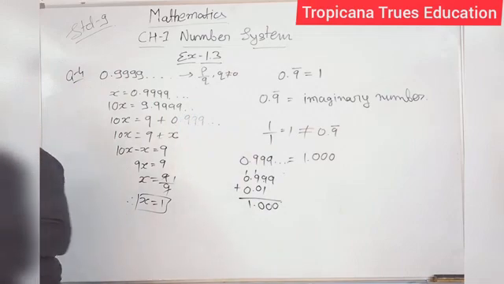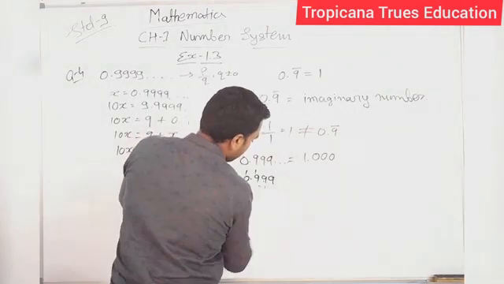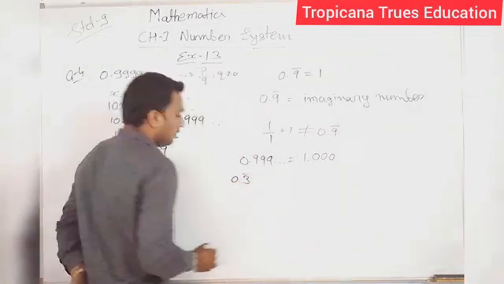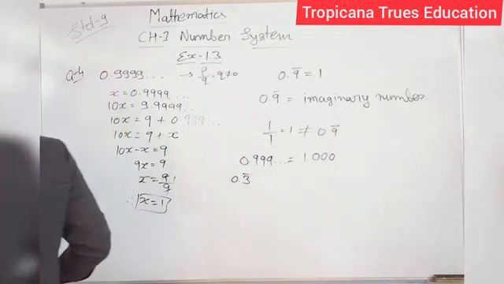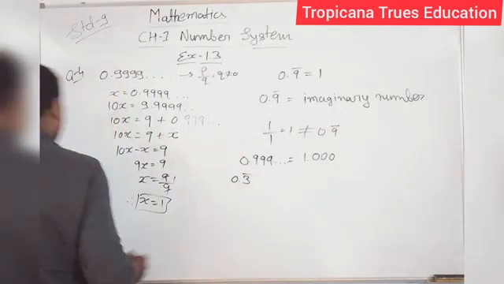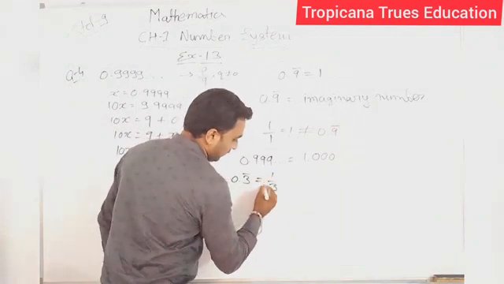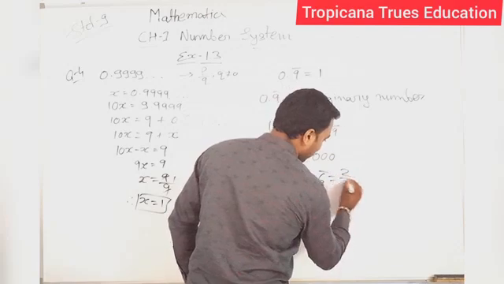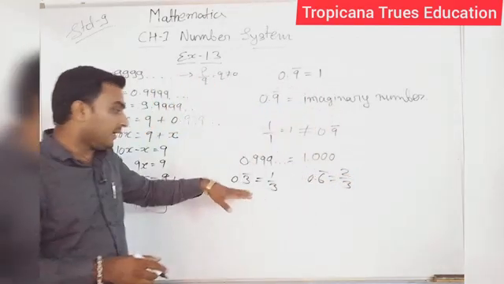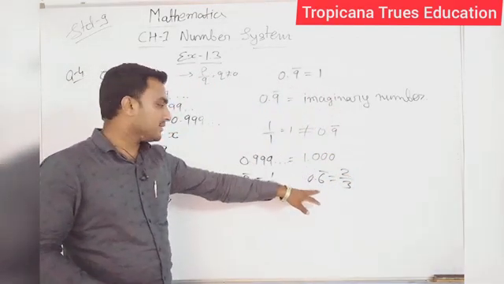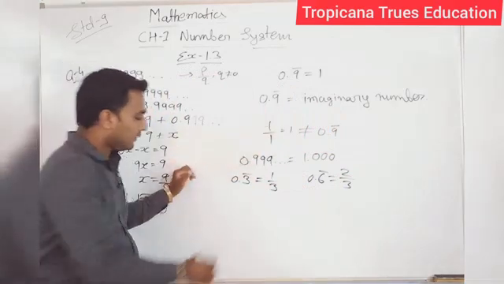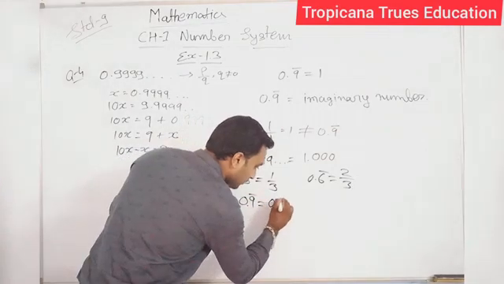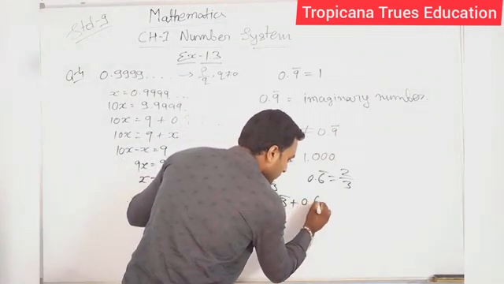And another thing: suppose 0.3 bar, your answer is 1 upon 3, and 0.6 bar, the answer will be 2 upon 3. Now we know that the addition of these two rational numbers gives 0.9 bar, which is equal to 0.3 bar plus 0.6 bar.